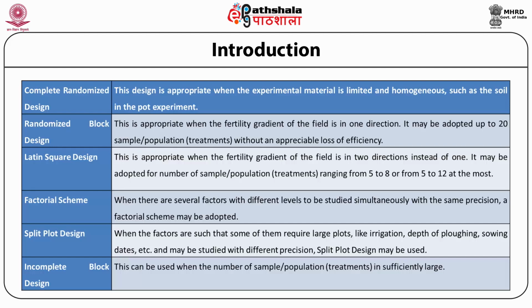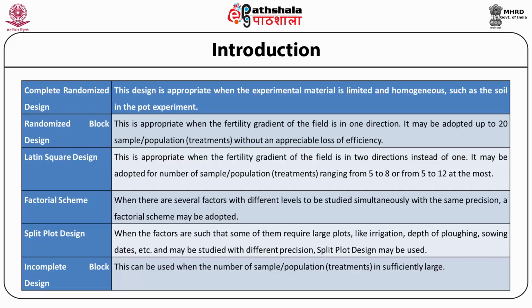Or in the other sense, you can say that this randomized block design can be used on the treatments in which you want to see the impact of different types of diets on the persons, but those persons are of the same homogeneous weights, or you can say the blocks of weights.